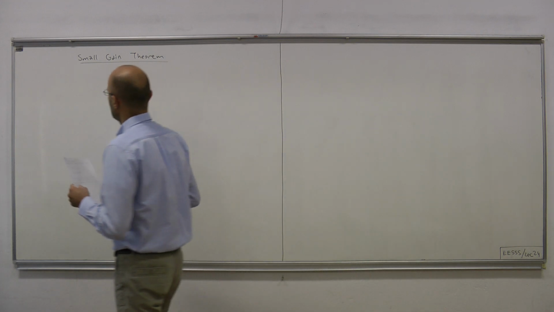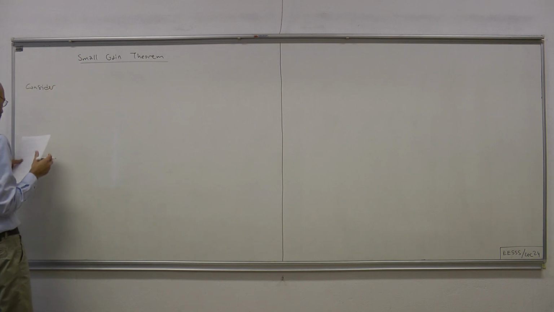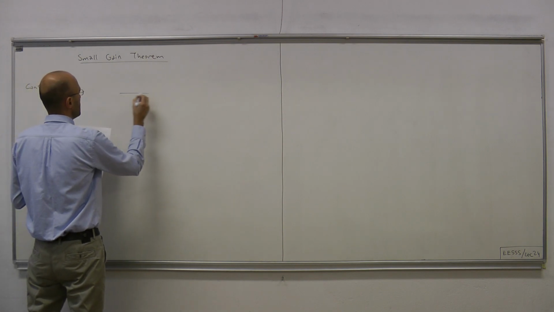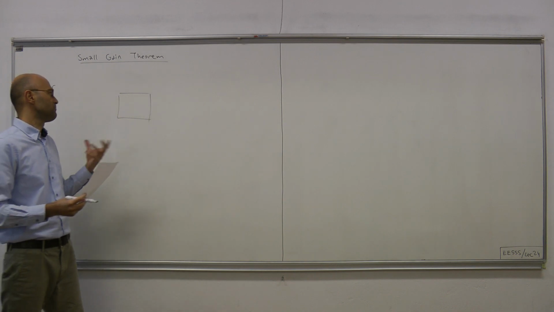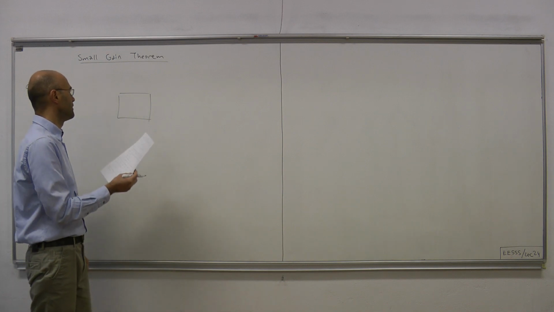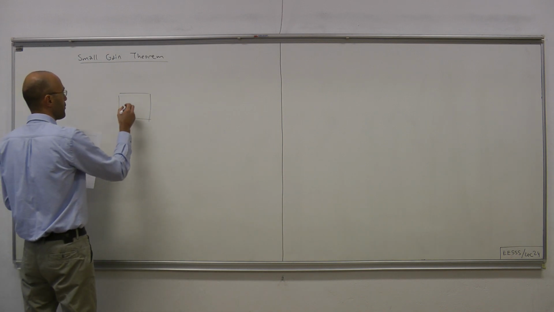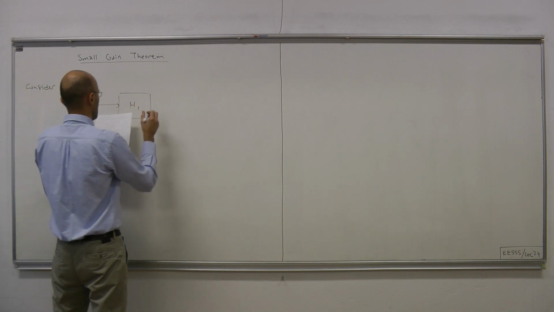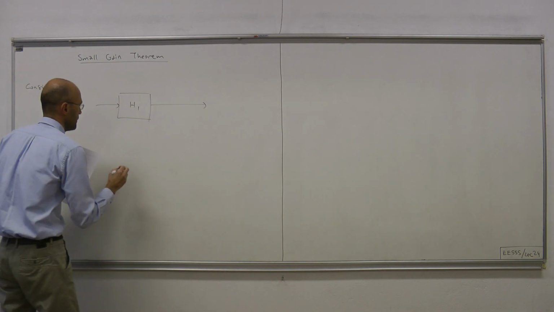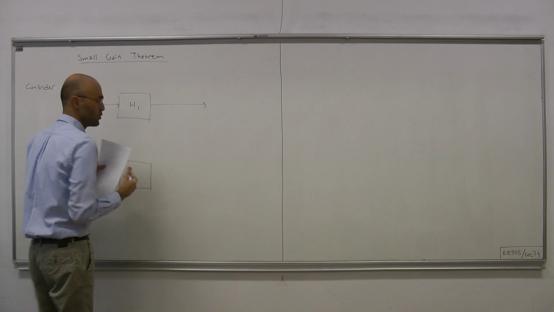Okay, so what we will do in this lecture is we're going to consider two systems which we independently know the L stability properties of. We're going to call one of those systems H1, and then the other system is H2.